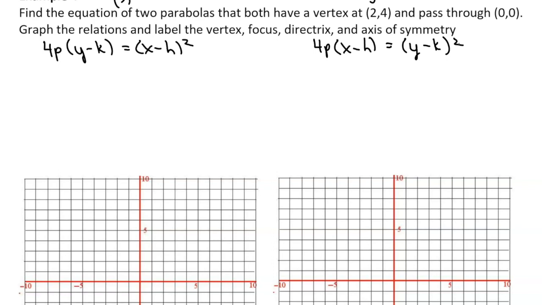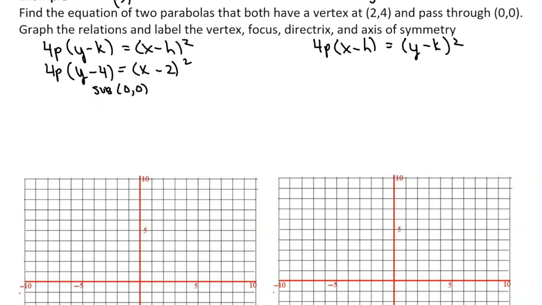Okay, so if you have a vertex of (2, 4), and that's a vertex of (2, 4) in both situations, let's put this in here. So you could say 4p, and then we're going to say we have y subtract 4 equals x subtract 2 squared. And now we know it passes through the point (0, 0).